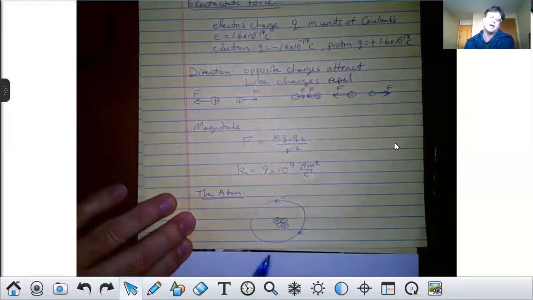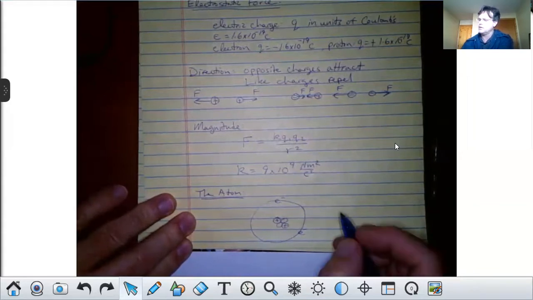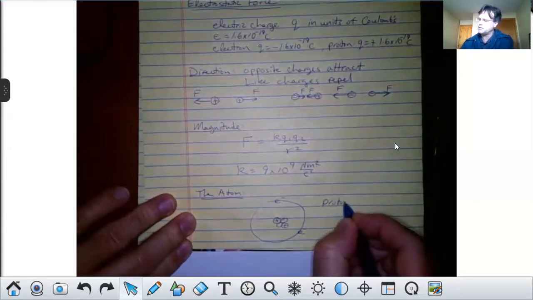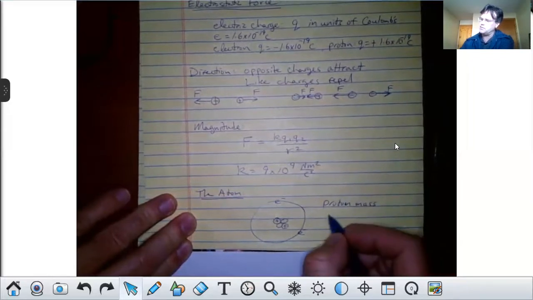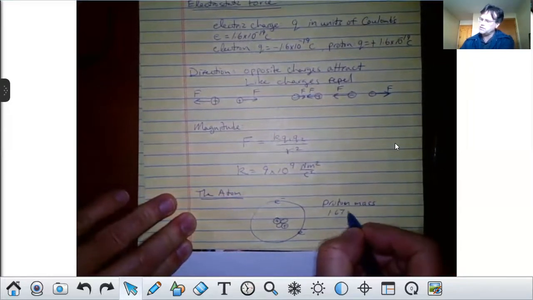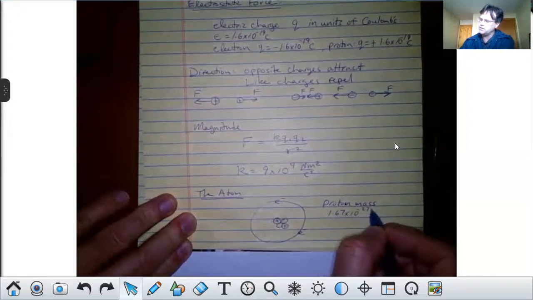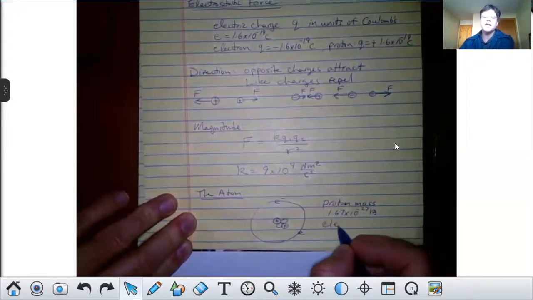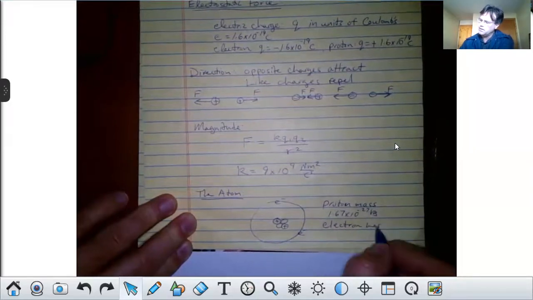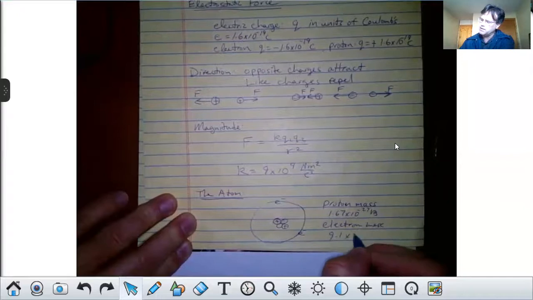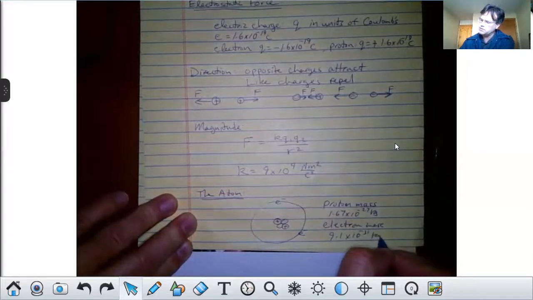But for the atom, we now know the protons exist in the nucleus, and protons are very heavy. Proton mass, of course, compared to normal things, it's not, but it's 1.67 times 10 to the negative 27 kilograms. Whereas the electron mass is much smaller than that. It's only 9.1 times 10 to the negative 31 kilograms.